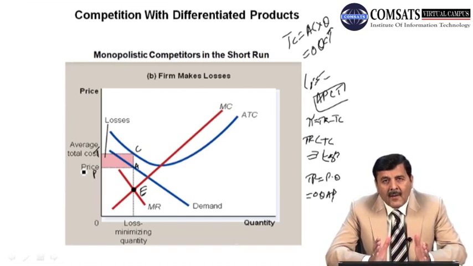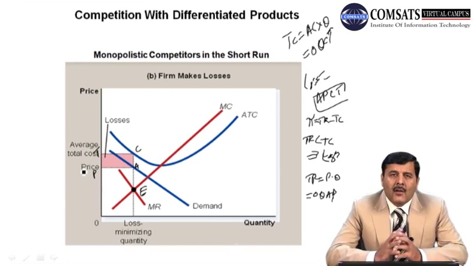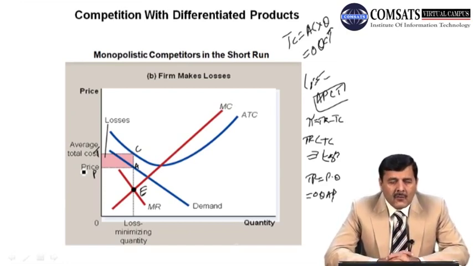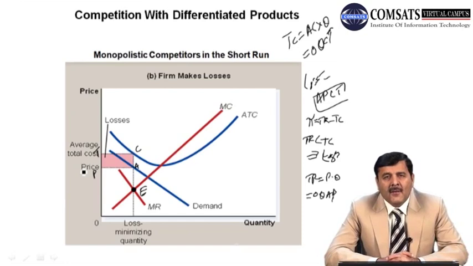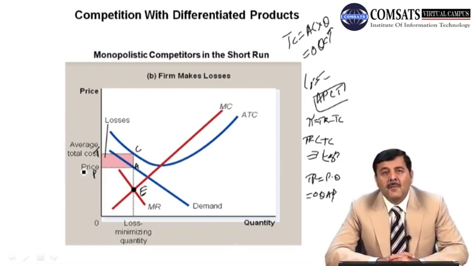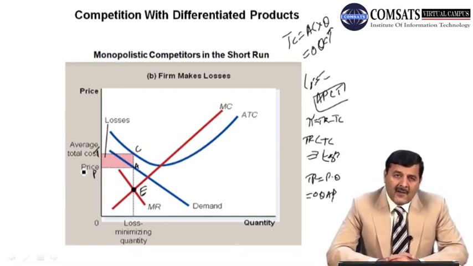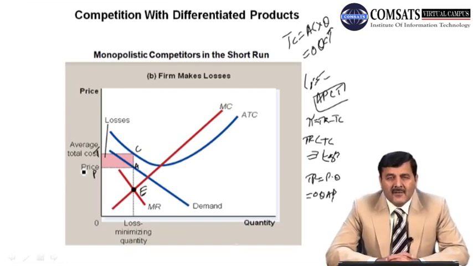तो इस स्लाइड में हमने कोशिश की कि under short run how the firm can bear loss and how we can draw that loss, show that loss, and what will happen if the firms are bearing loss in the short run under monopolistic competition. तो हमने ये कहा कि जब नुकसान हो रहा होता है फर्म्स को तो कुछ फर्म जो है एग्जिट कर जाती हैं from the industry. They leave the industry. सो द एग्जिस्टिंग फर्म्स की जो प्रोडक्ट की डिमांड है वो बढ़ जाती है. जब उनकी डिमांड बढ़ती है तो उनका जो प्रॉफिट है वो बढ़ना शुरू हो जाता है और फर्म स्टार्ट अर्निंग नॉर्मल प्रॉफिट इन द लॉन्ग रन.